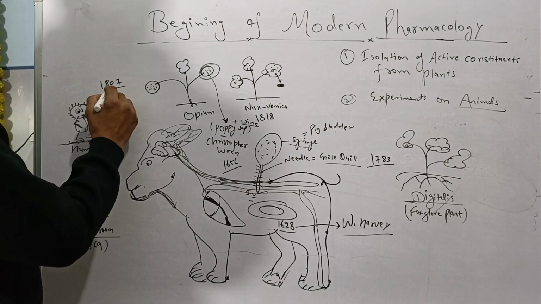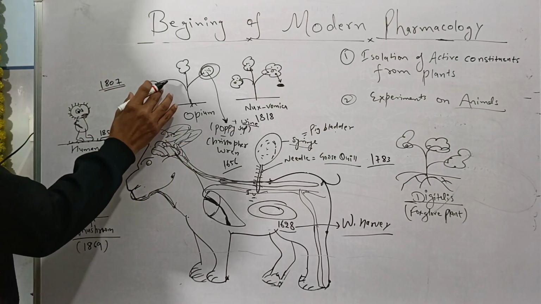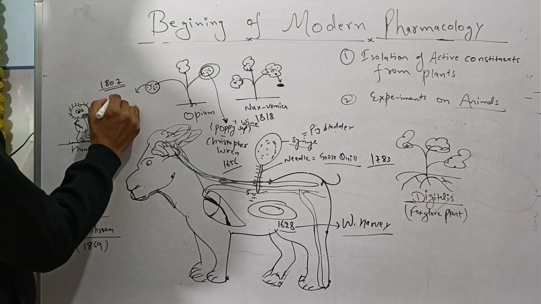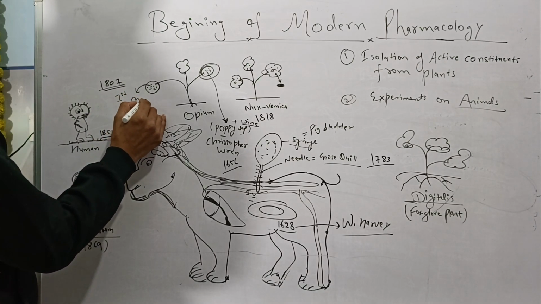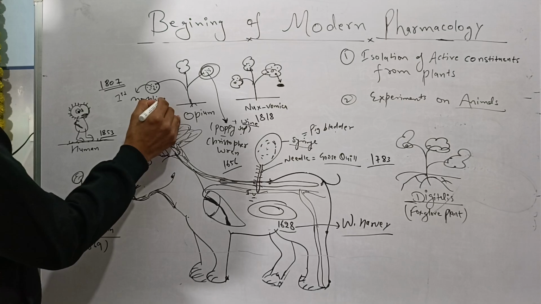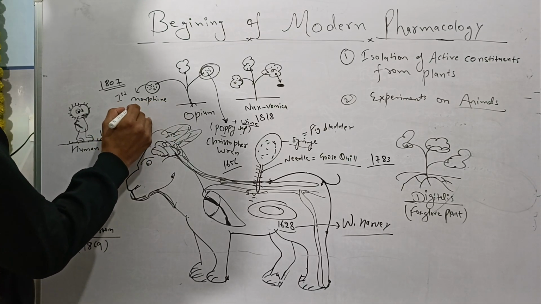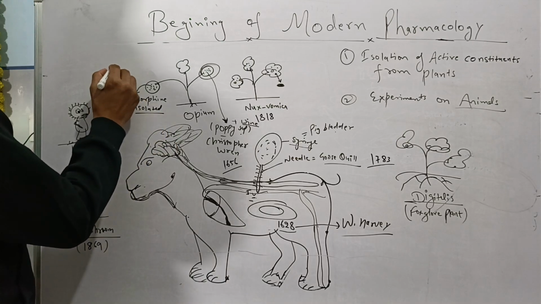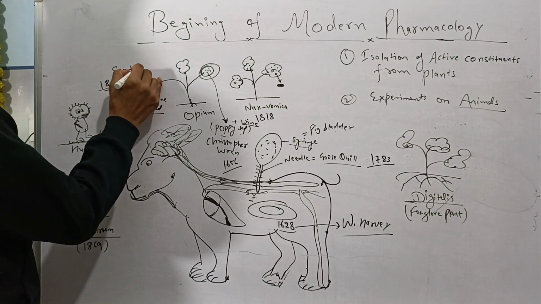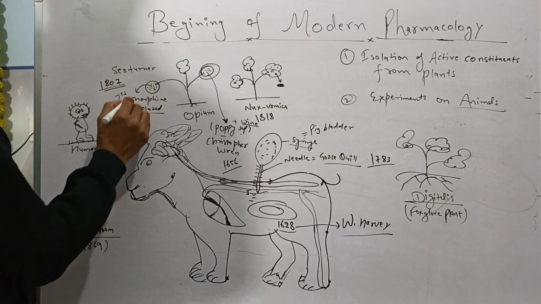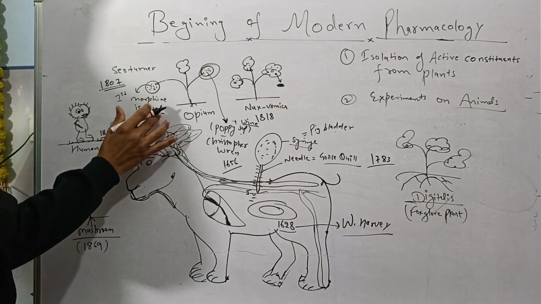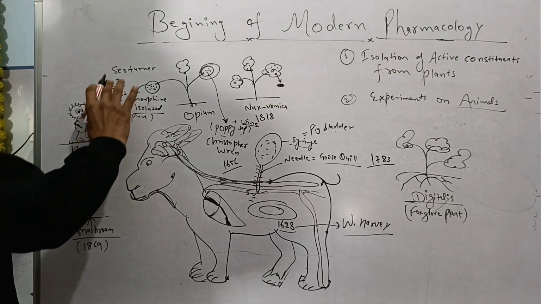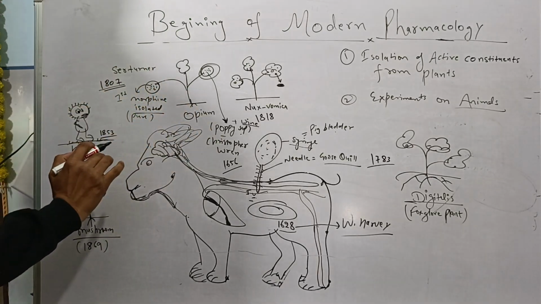In 1807, from this opium plant, morphine was isolated for the first time. Morphine was isolated by the scientist named Sir Turner. This was the first pure form of a drug isolated from the opium plant.